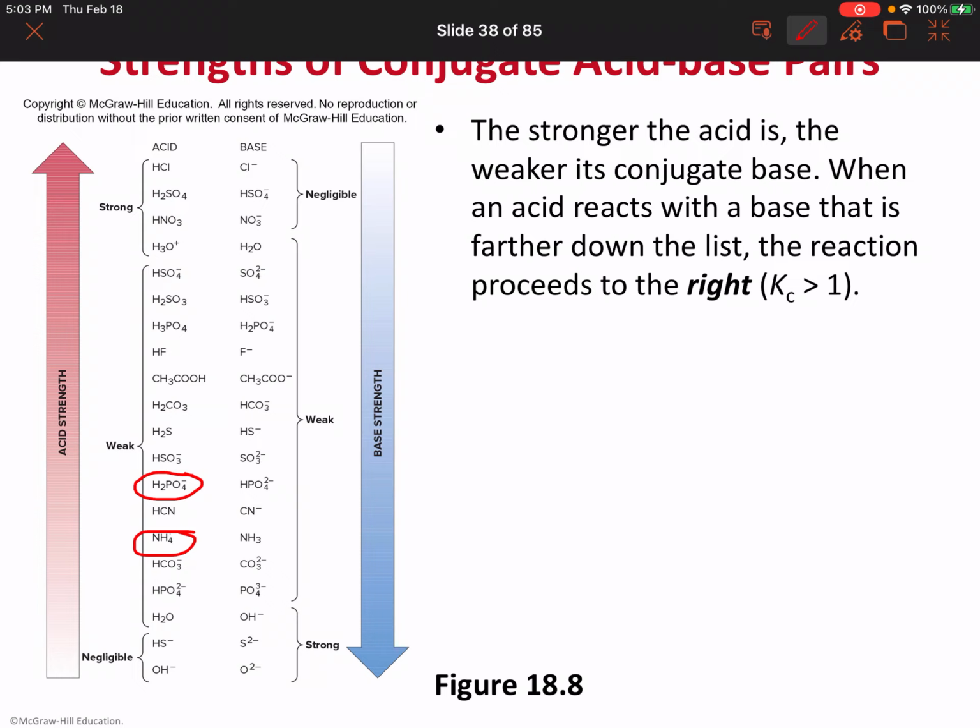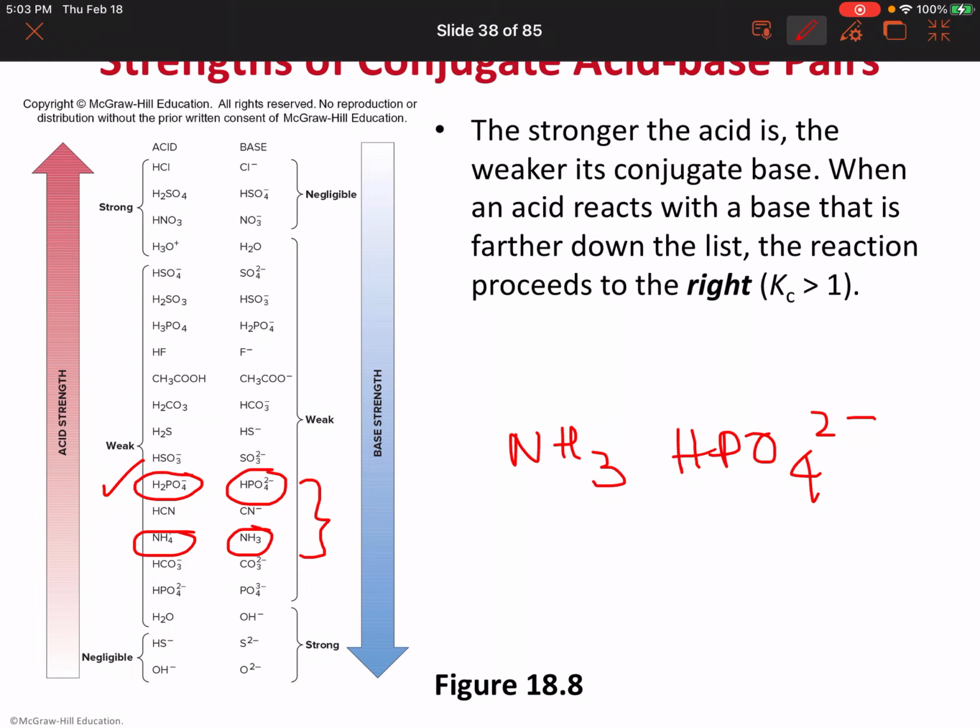So between these two, which one is a strong one? Remember, this one is a strong one because it's higher in the list. And then the two bases we have are ammonia and HPO4 2 minus. Now let's look at the base side. Where is ammonia? Ammonia is here. And HPO4 2 minus is right there. So between these two, which one is a strong base?